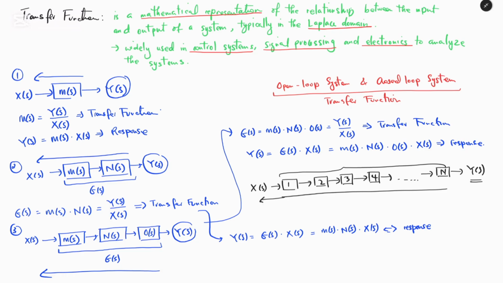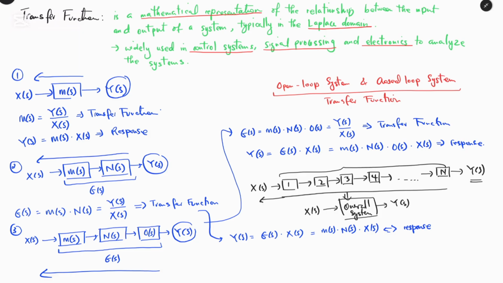So by looking at this, we can see that those smaller subsystems such as 1, 2, 3, and 4 in an open loop system play an important role, which is more simplified than the closed loop. So this block diagram can be simplified into X(s), which goes into the overall system and produces the response, which is Y(s), and it is that simple.